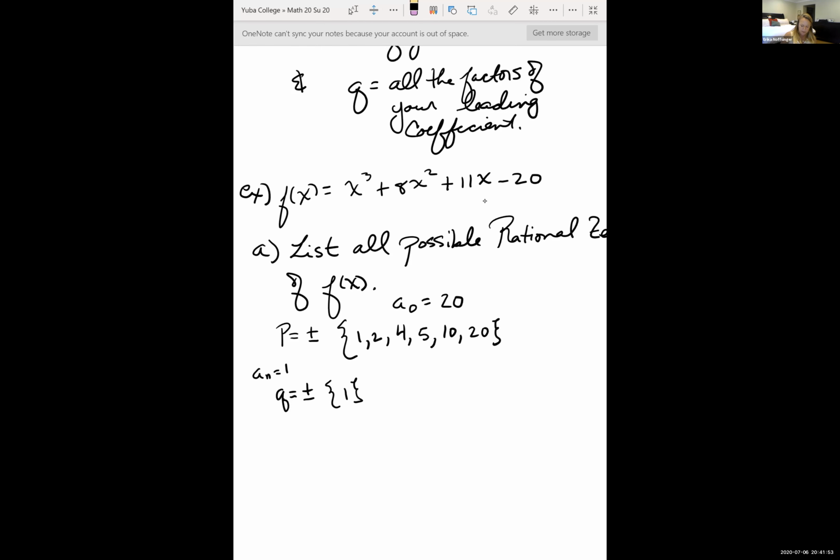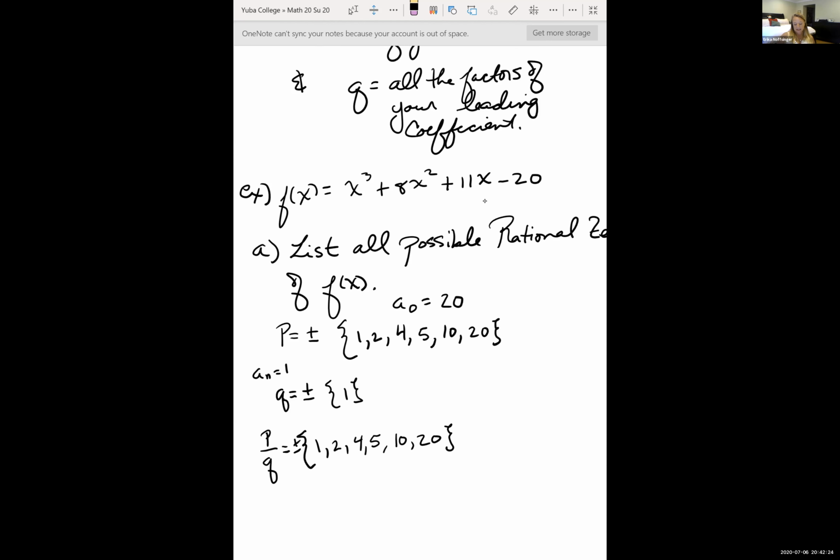So if I look at p divided by q, we're going to take every number in p and divide it by every number in q. Well, we're lucky because there's only one right now. So plus or minus. So we have 1 divided by 1 is 1. 2 divided by 1 is 2. 4 divided by 1 is 4. 5 divided by 1 is 5, etc. 10 and 20.